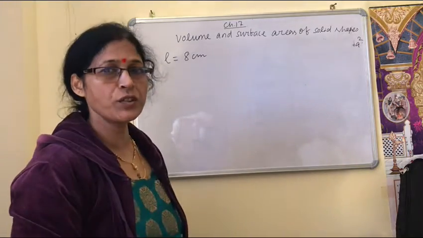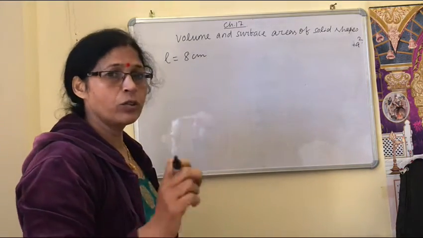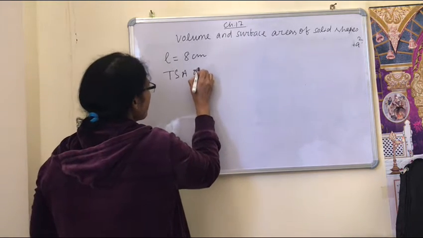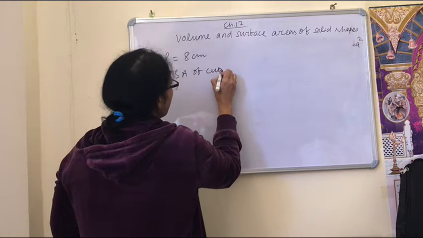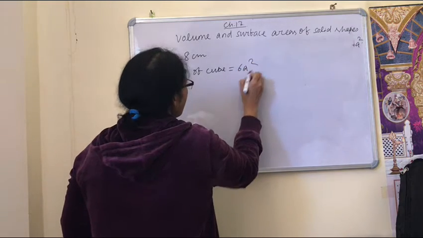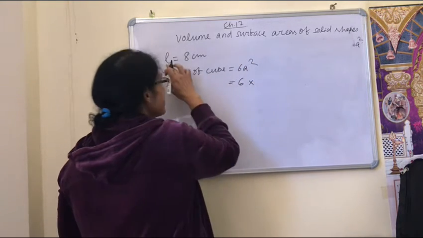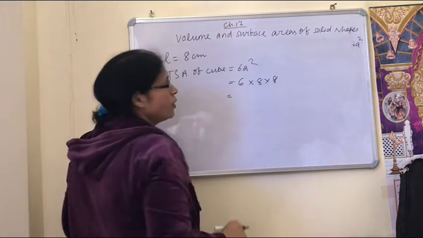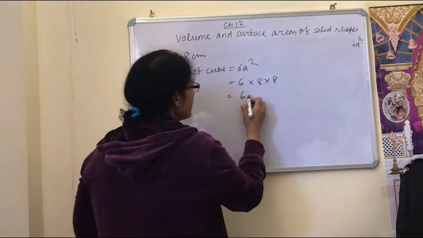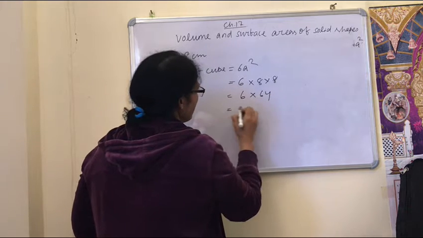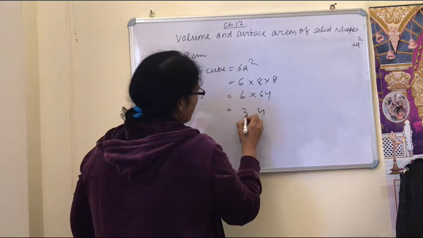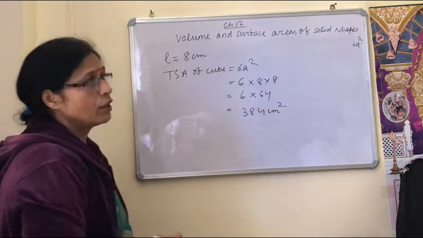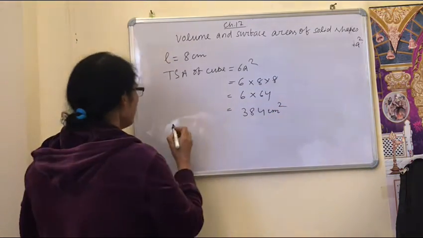Find the total surface area of the cube. So TSA of a cube is 6A square. So 6 into 8 into 8. 8 into 8 is 64, 6 into 64 is 384 centimeter square.